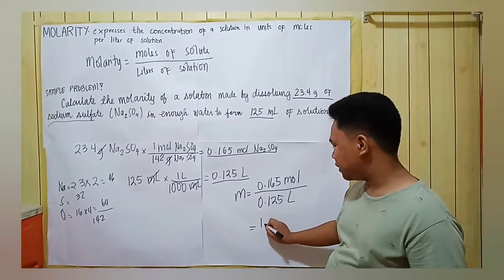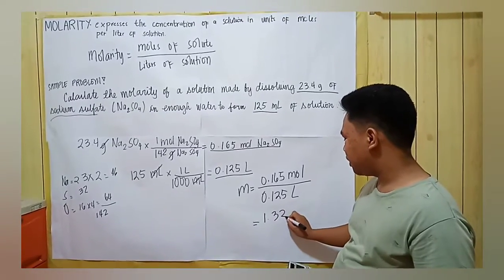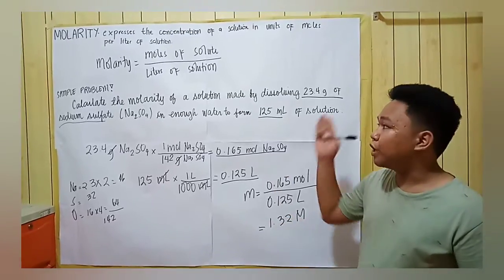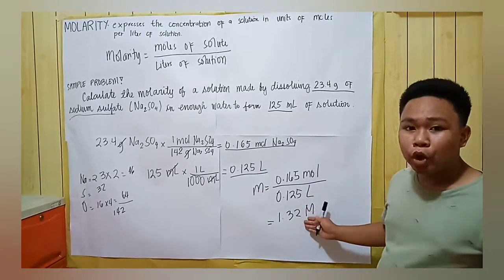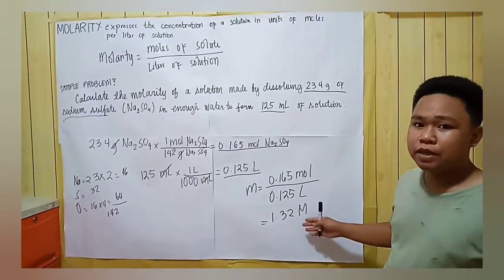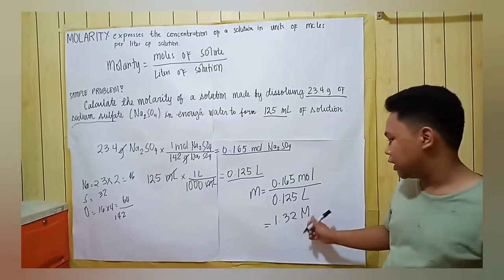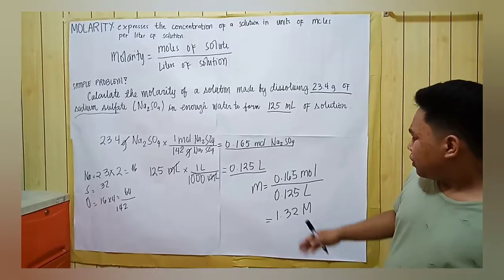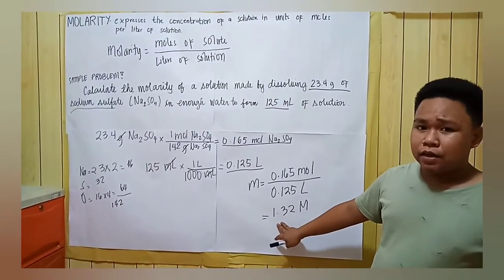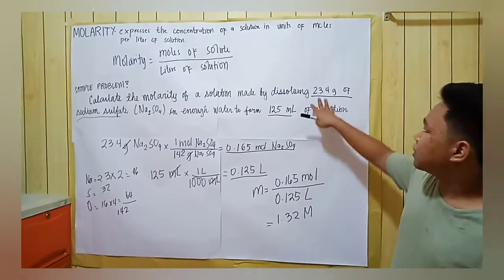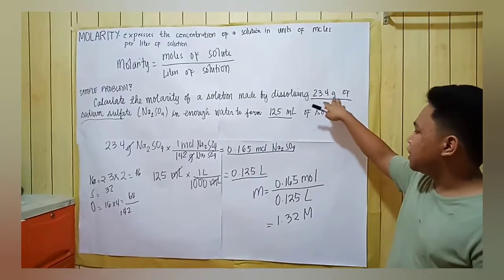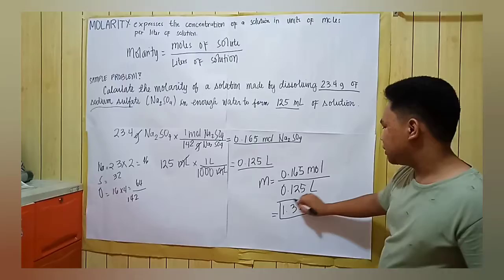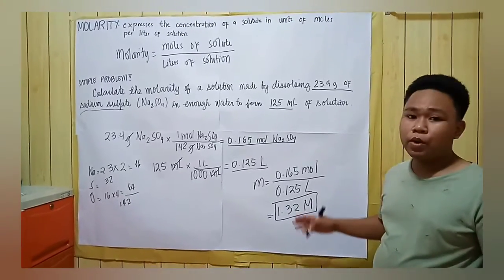So the answer is 1.32 molar. The unit of molarity is molar, and it is denoted by the capital letter M. Our answer is in three significant figures because our given is also in three significant figures. So the final answer is 1.32 M.